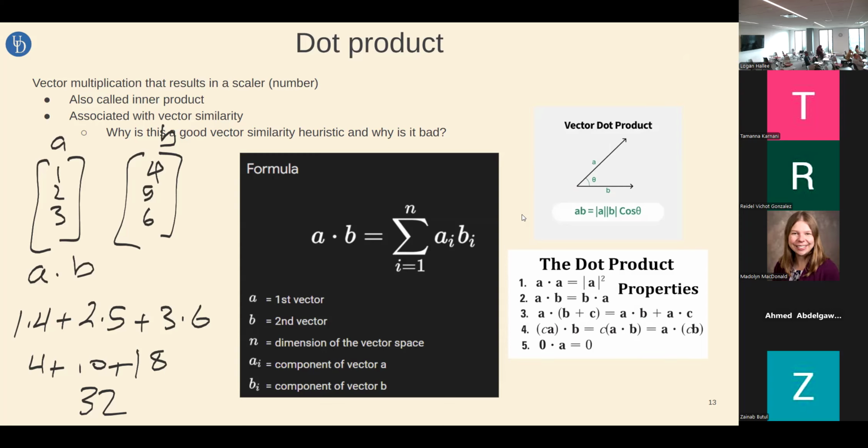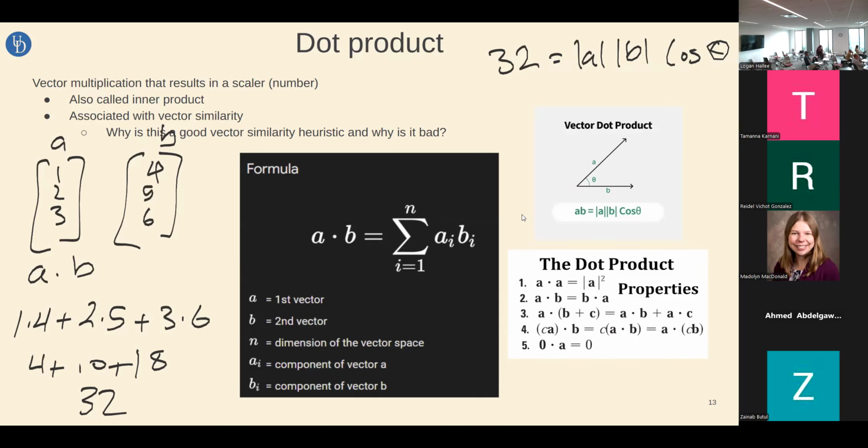One thing we can make equivalent to a dot product is the magnitude of the vectors, that's how long they are, multiplied by the cosine of the angle between them.